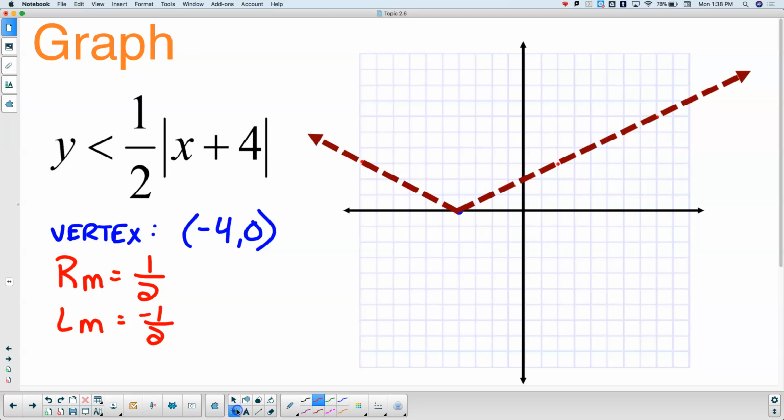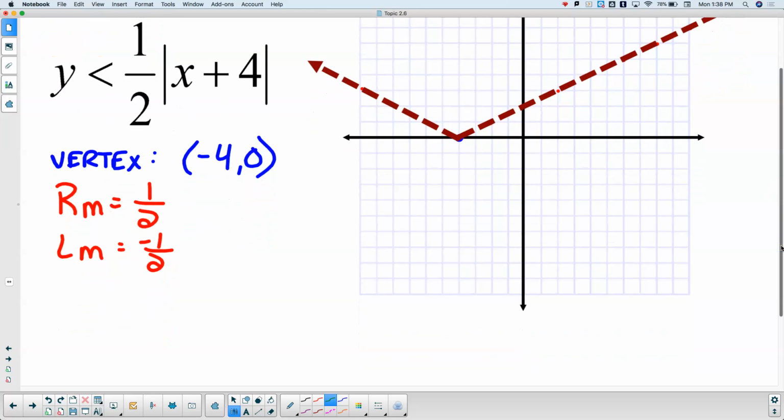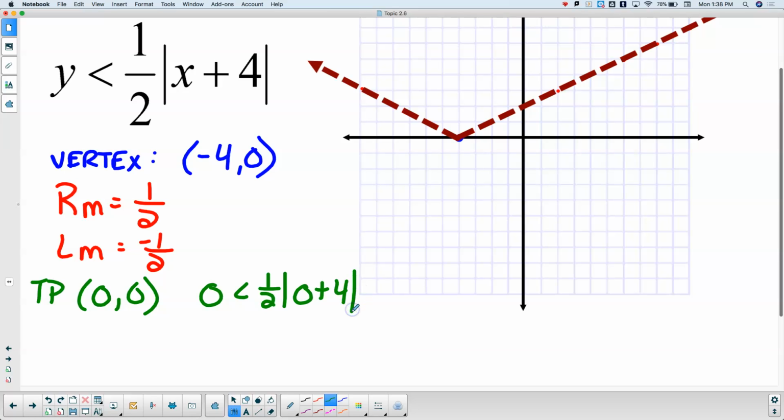Test point, use the origin. Okay, love it. Do we have to use the origin? No, don't have to, but it's just easier if you do, as long as your absolute value line doesn't go through it, that's fine. So that would be 0 less than 1/2 times the absolute value of 0 plus 4. 0 plus 4 is 4.